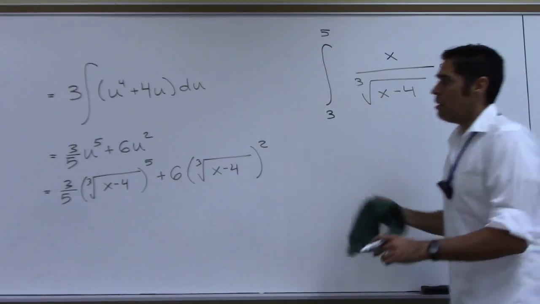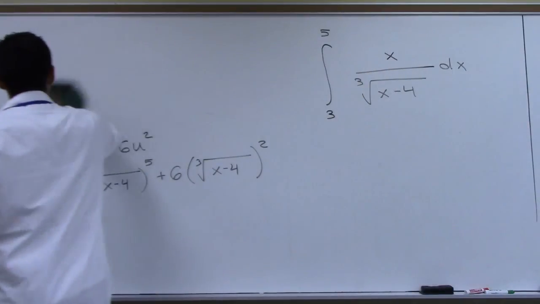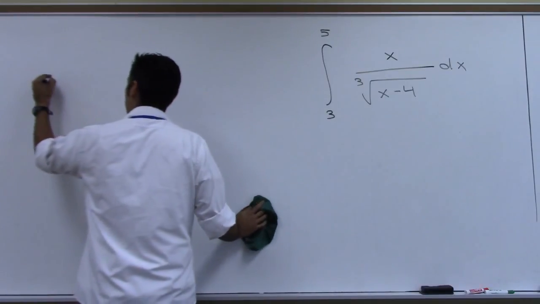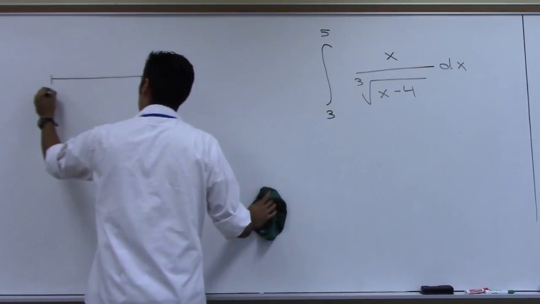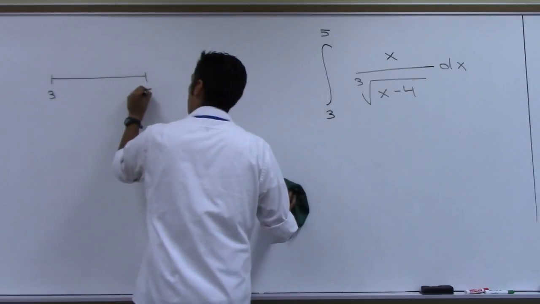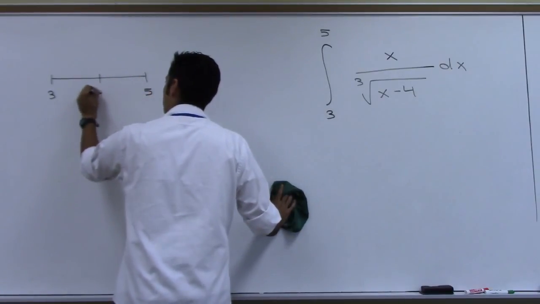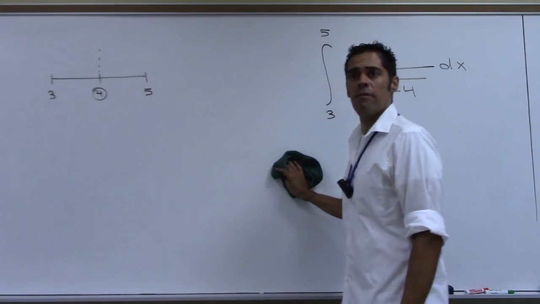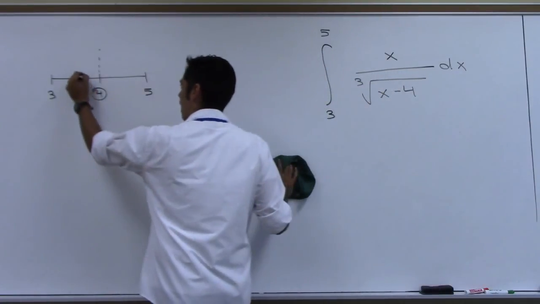So I need to be very careful when doing this problem to draw out my number line where I'm integrating, 3 to 5, circling where I have a discontinuity, and realizing that I'm going to have to approach 4 from both sides.